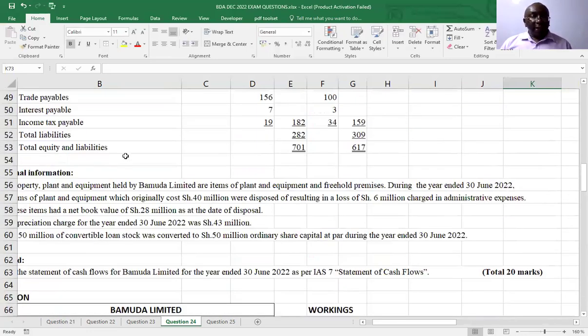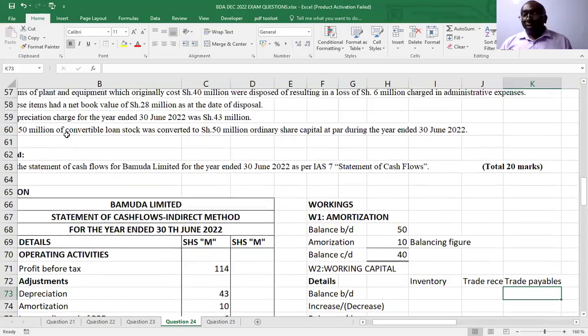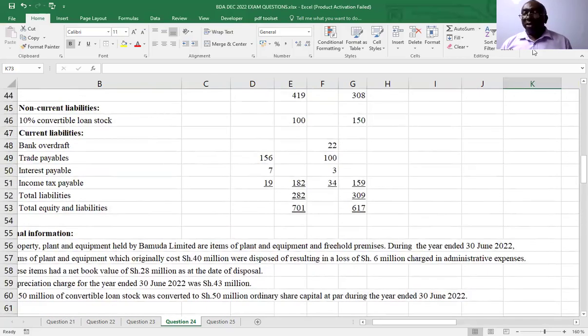Interest payable is an accrual, but it is not part of our day-to-day activities. That is part of financing, so we will take it there when time comes. Tax the same. We will take it down below. And that's all. I think that's all, so that is fine.